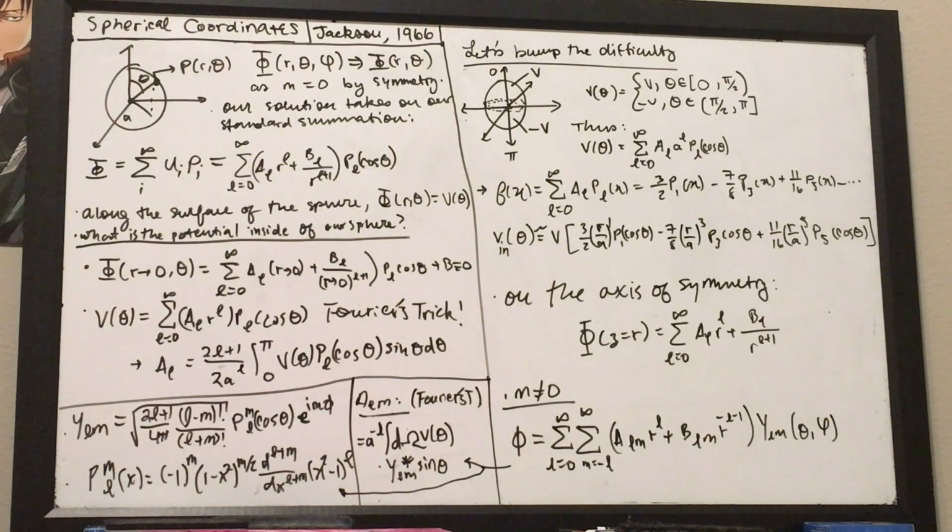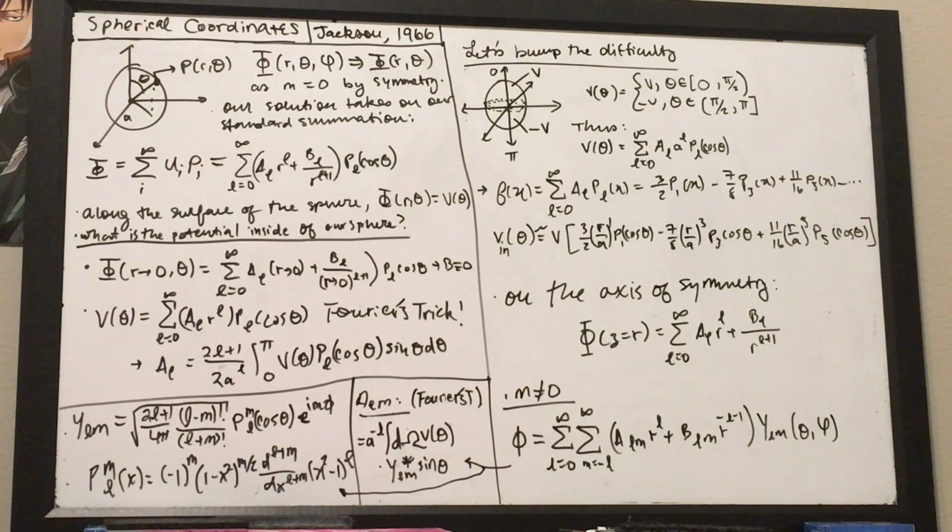Last but not least, if you notice something about the sums, we have one sum which starts from L equals 0 to infinity, and the second sum starts from m equals negative L. That is because of how these subscripts are related to one another.